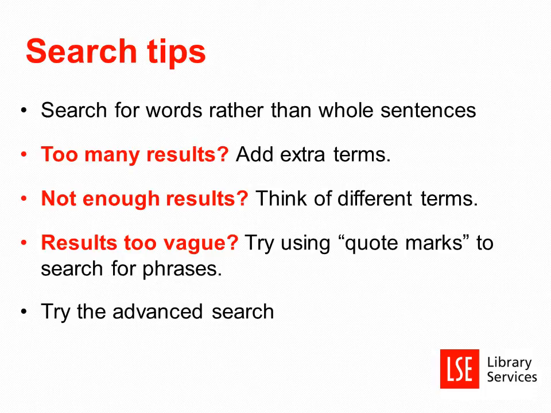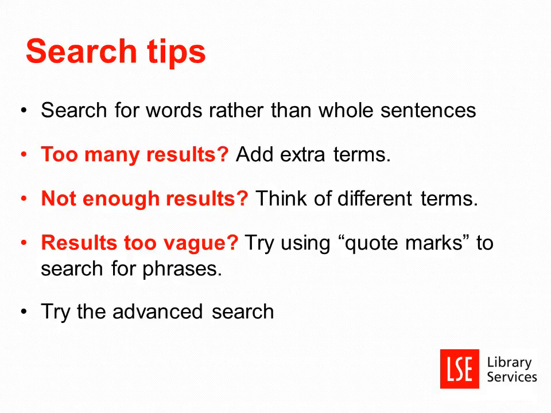Some search tips to consider when using any information source. Always search for individual words, keywords, rather than pasting the whole sentence or research question into your search engine. When you get too many results, it's going to be necessary to add extra terms to narrow them down. But if you've not got enough results, you may need to think of different terms and keywords.